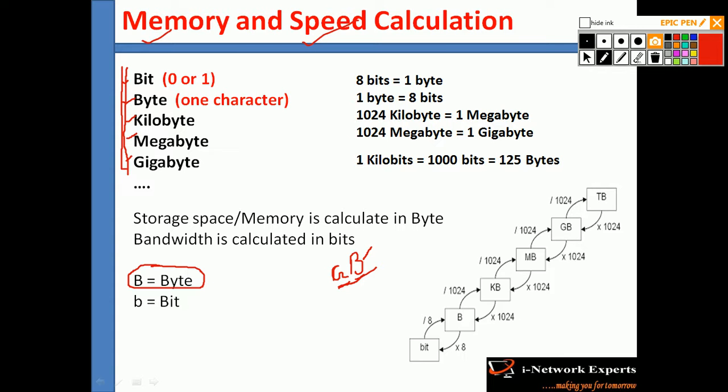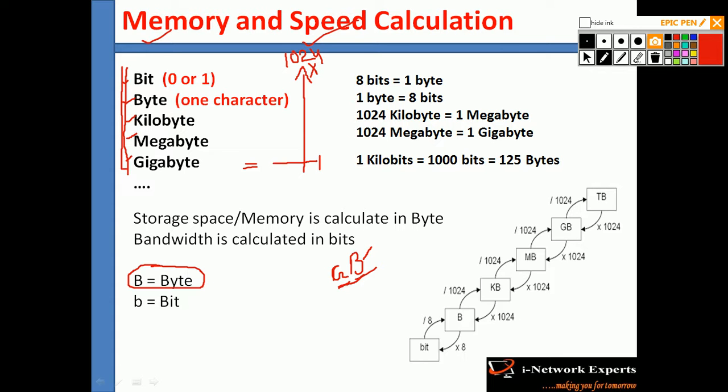Now I will show you how to convert 1 gigabyte into bit. While you are calculating from bottom to top, you have to multiply by 1024. So I have a 1 GB hard disk, beside GB let me write down 1.